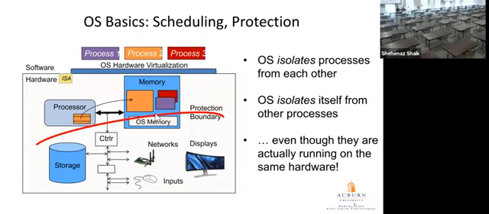Even though we have the address spaces of multiple processes loaded into memory, when a particular process is executing its code, it is not allowed to access the memory locations or the address space of some other process. That is one of the protections offered by the operating system.